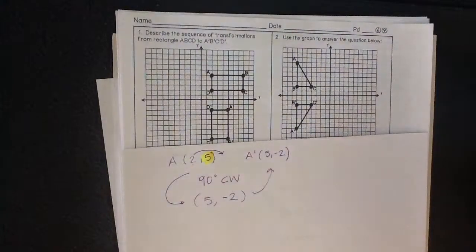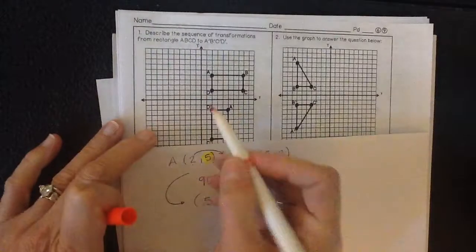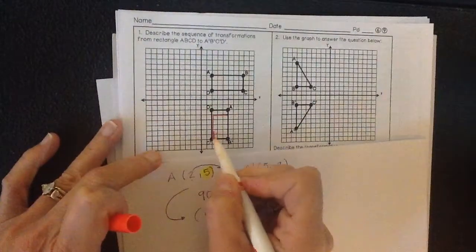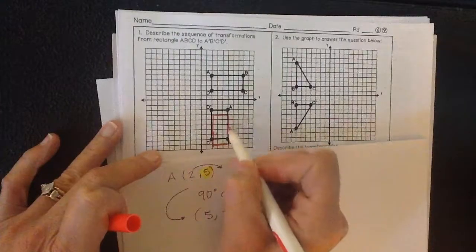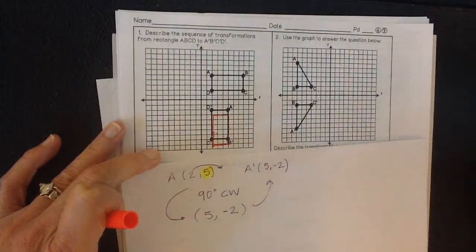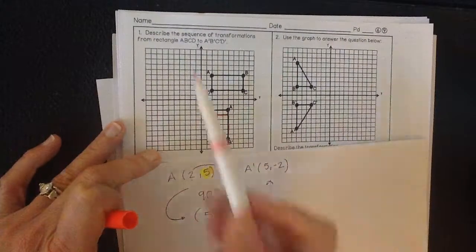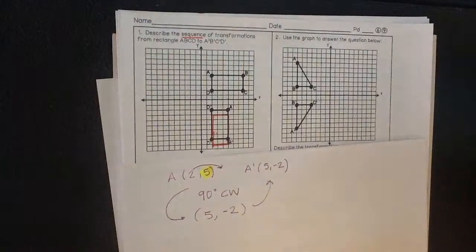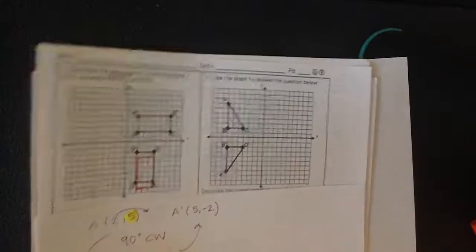And again, don't write this on your paper, but if the final picture had looked like this, look at the red one instead of the black one, then it would have been a rotation and a translation. I'm surprised that there was not more than one thing. But anyway.